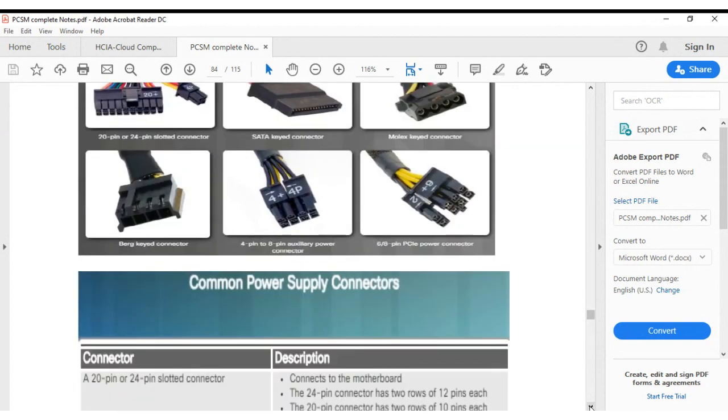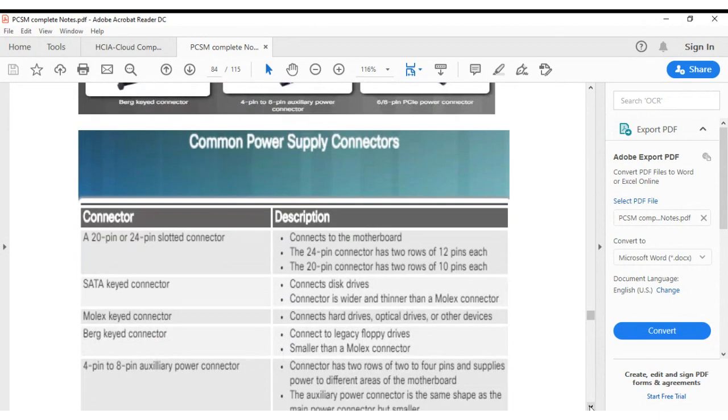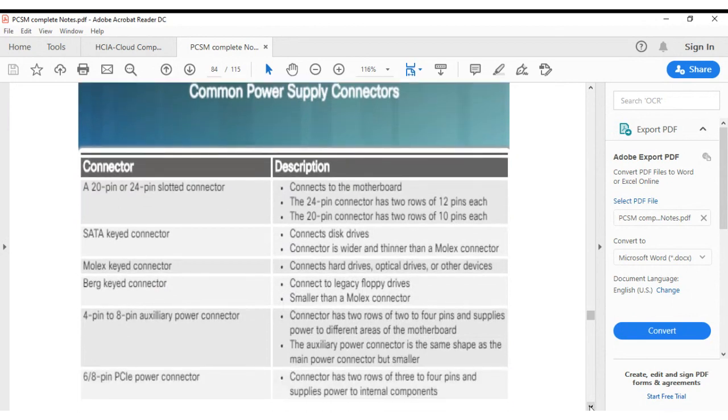Now, common power supply connectors, with connector and description. The 20-pin or 24-pin slotted connector connects to the motherboard. The 24-pin connector has 2 rows of 12 pins each, and the 20-pin connector has 2 rows of 10 pins each.